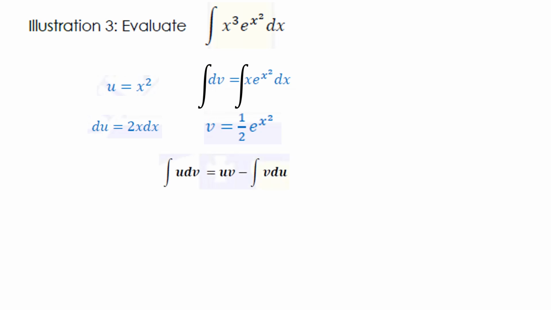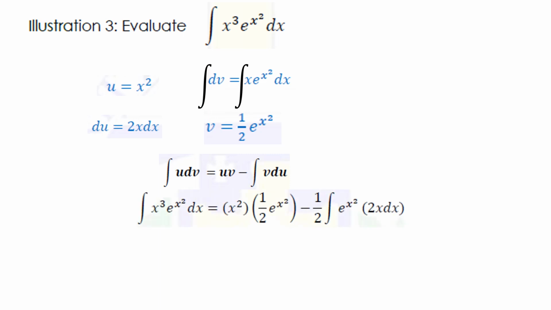The integral of u dv is equal to uv minus the integral of v du. Our uv is actually x squared times the quantity 1/2 e raised to x squared minus the integral of v du.